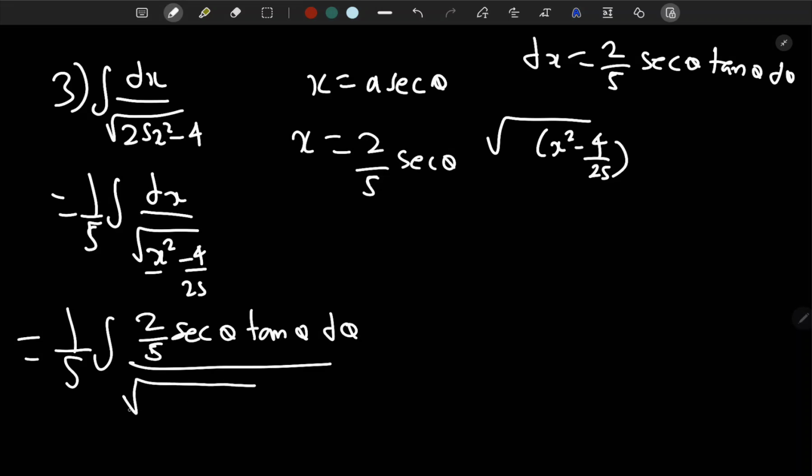So here let me make the radical, x squared, let me open brackets, 2 over 5 secant delta squared minus 4 over 25.